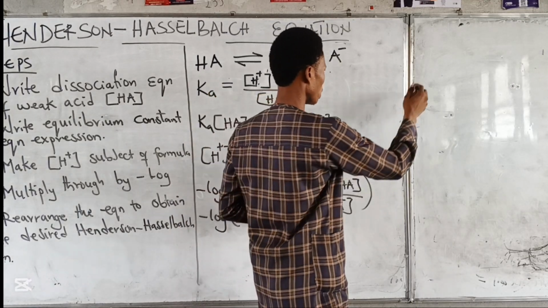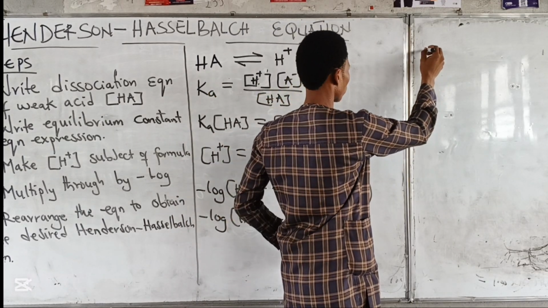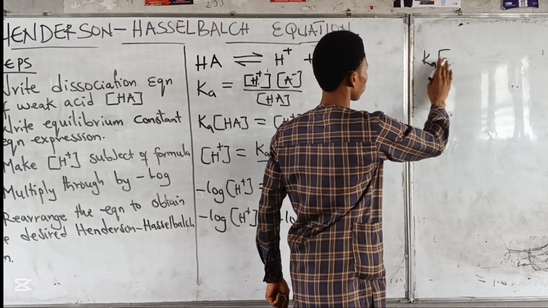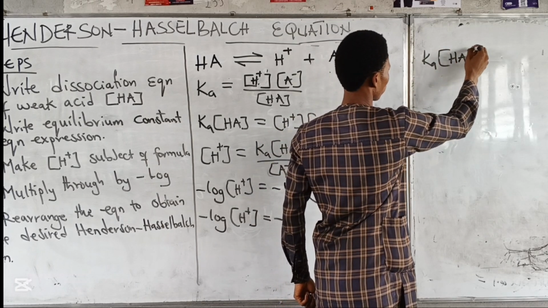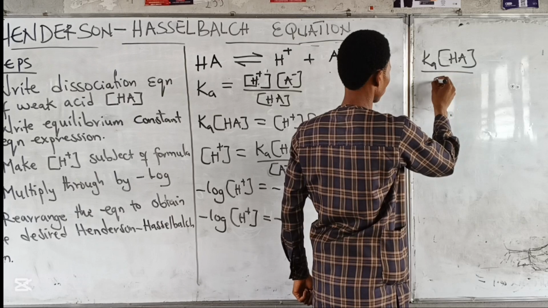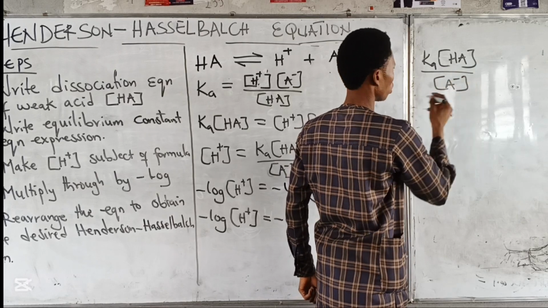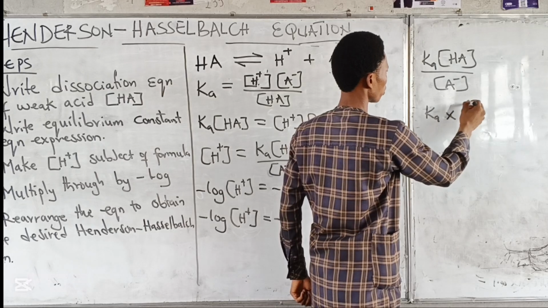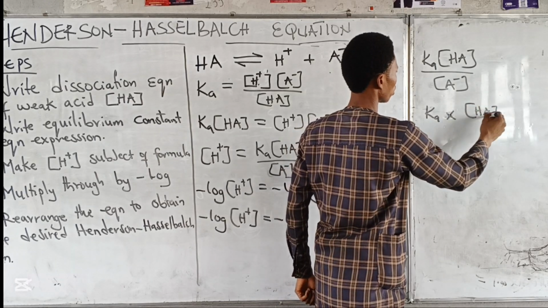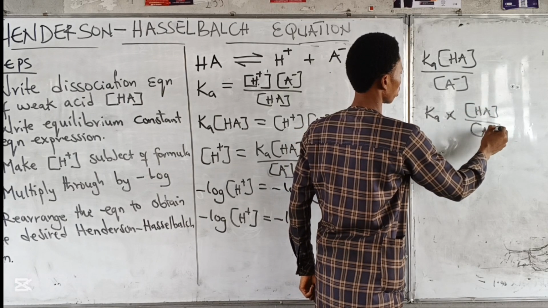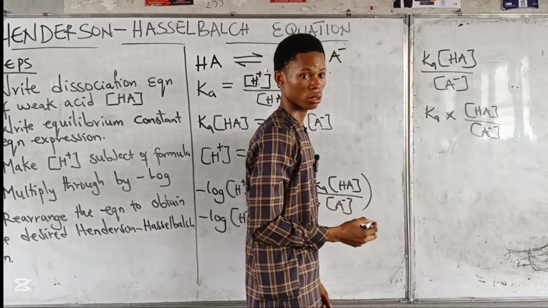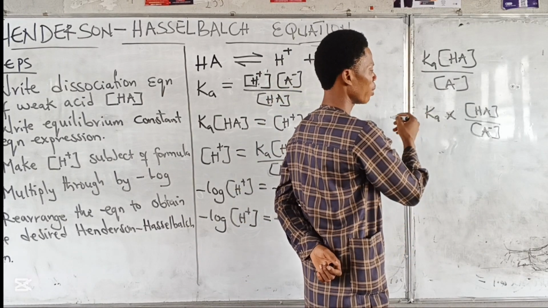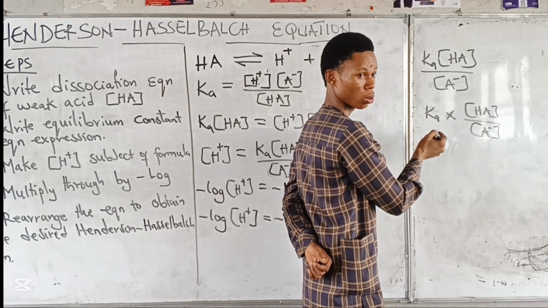Ka times HA over A minus is a multiplication, and we're applying a logarithm with a minus log.